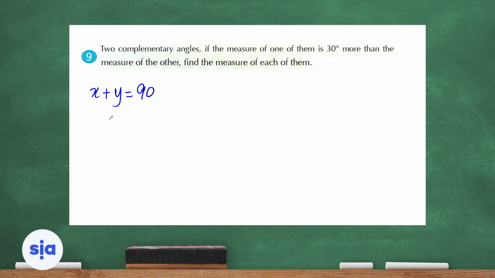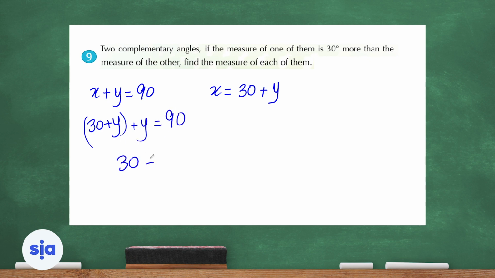If the measure of one of them is 30 more than the measure of the other, so we go to the first one, change x into 30 plus y equals 90. So 30 plus 2y equals 90, then y equals 30.